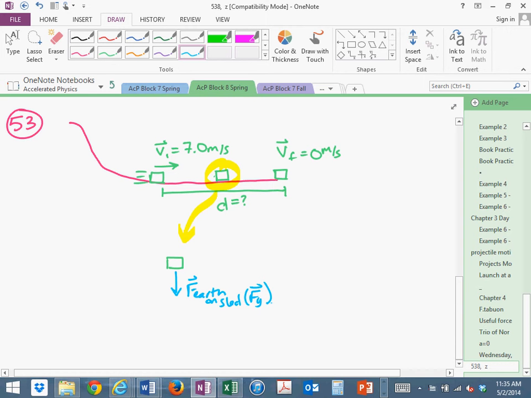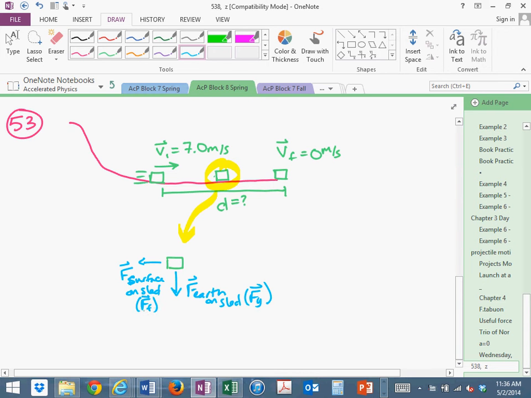What other forces are acting on her? Raise your hand if you can tell me another one. Go, Cade. Friction. Which way is friction going? The opposite way that she's moving, right? So she's moving to the right, then the force of friction is going to go to the left. And I should actually write the force of the surface on the sled, Ff.